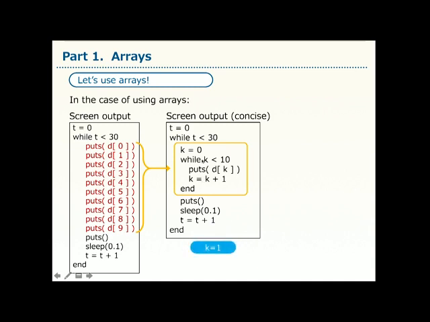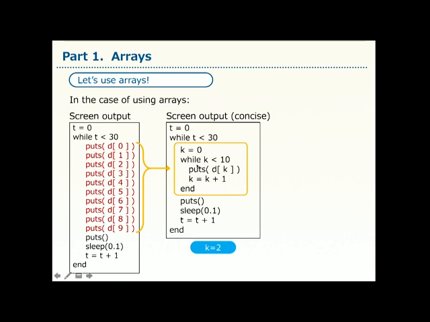Going back to the while condition, because the value of k, which is now 1, is less than 10, this puts command is executed, and D[1] is displayed on the screen. And k is increased again by 1, becoming 2, and so on. This part is repeated 10 times until k becomes 10. In this way, this yellow part gives the same output as the 10 puts commands written in red in this program.